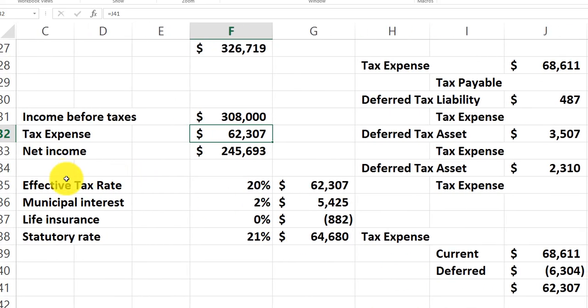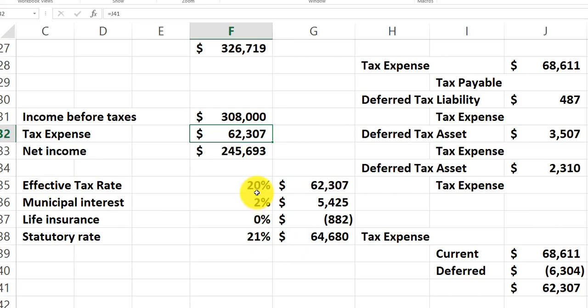Your reconciliation of the effective tax rate. All right, we're at 62,307, that ends up with a 20% rate. It should be 21. The municipal interest made a difference of 54.25. The life insurance 882, which actually rounds to 0, but this is really 2 and then part of 1.